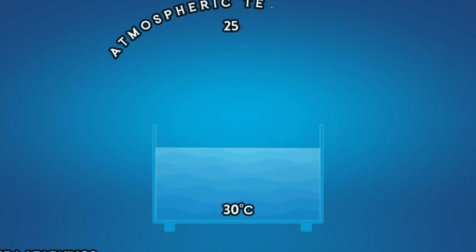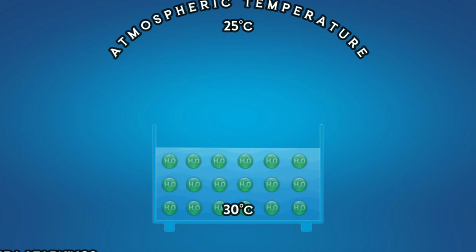First, let's understand how the temperature of water decreases through evaporation. Let's take a bowl of water. The water temperature is 30 degrees Celsius, and the atmospheric air temperature is 25 degrees Celsius. In the water at 30 degrees Celsius, the high-energy molecules absorb heat from the water and evaporate from the water's surface.